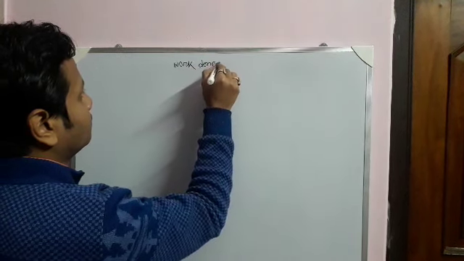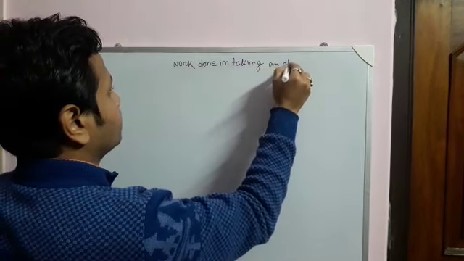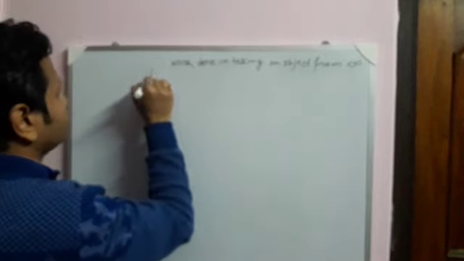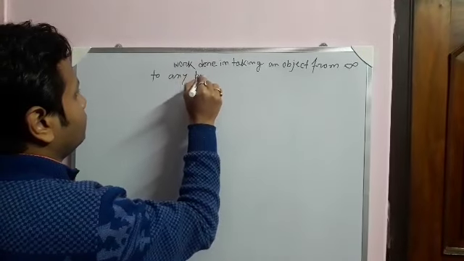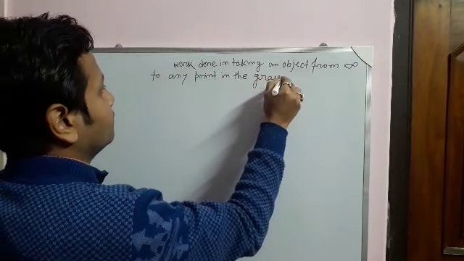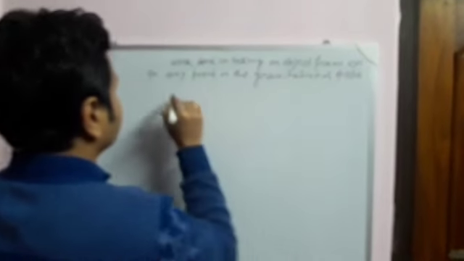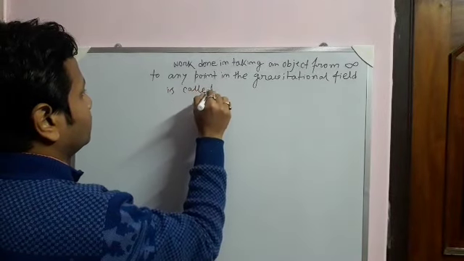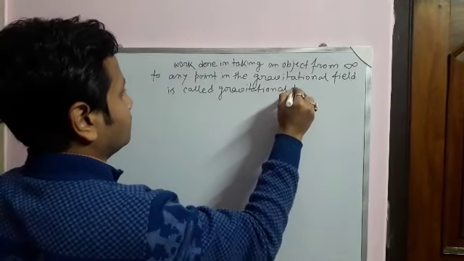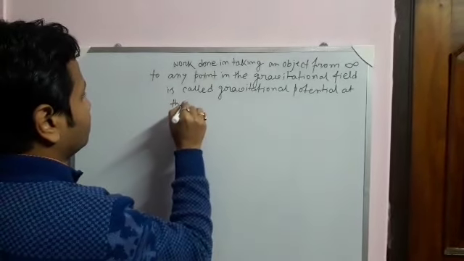Work done in taking an object from infinity to any point in the gravitational field is called the gravitational potential at that point.